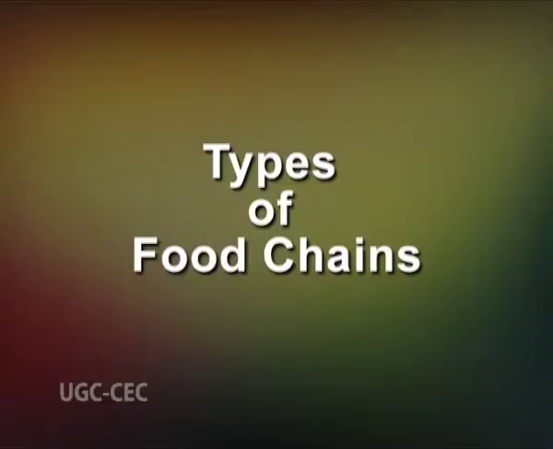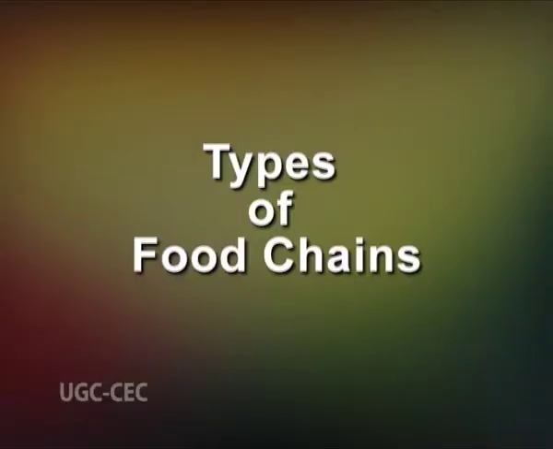This phenomenon is known as loss of energy at successive levels. This restricts the size of food chain in an ecosystem to a maximum of 4 to 5 steps.